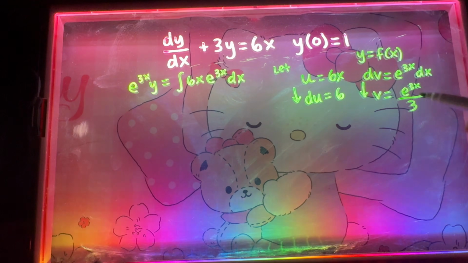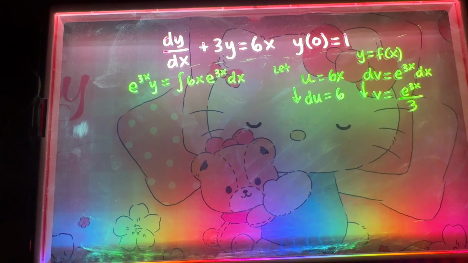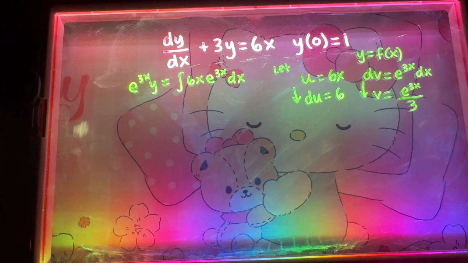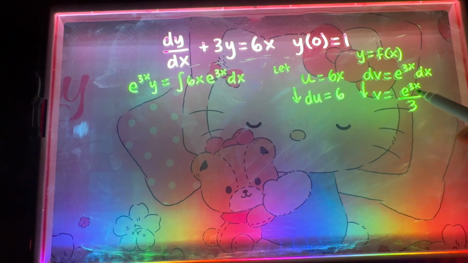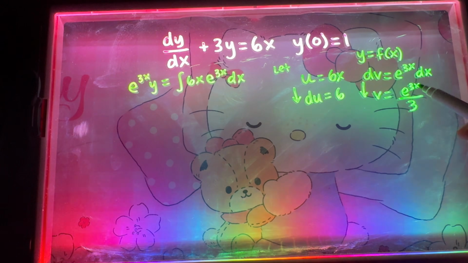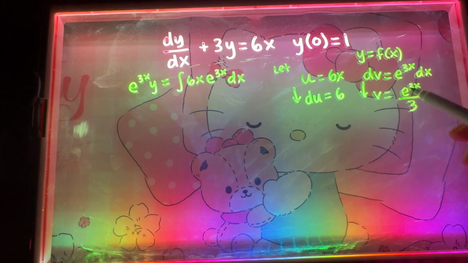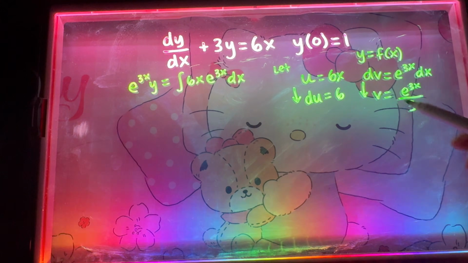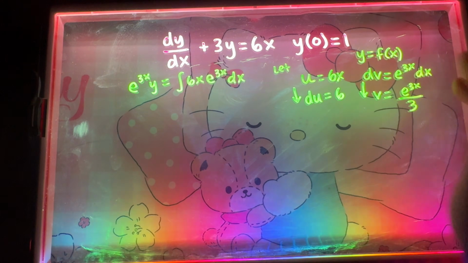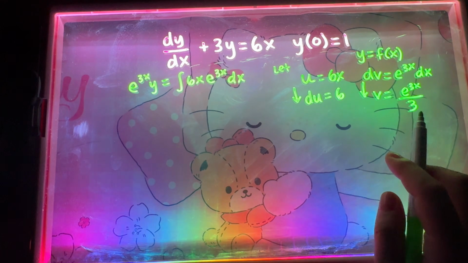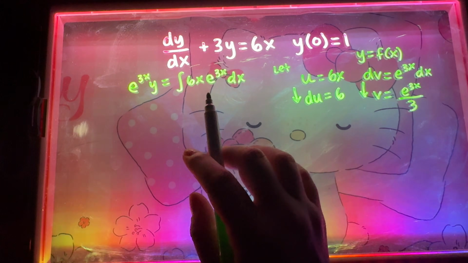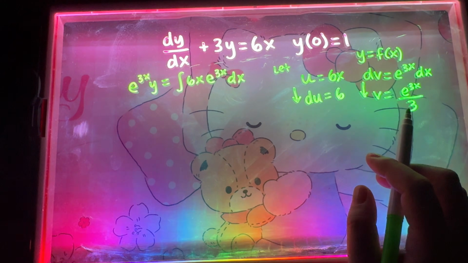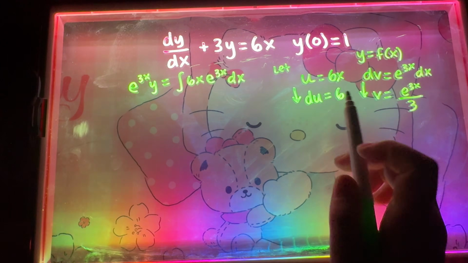You can write out the steps if you want to, but this is just the idea. You can confirm that the derivative of this is this, because the derivative of e to the 3x is e to the 3x times 3 for your chain rule, and then this 3 cancels out with that. So anyway, hopefully this part is okay, or you can go back and review integration by parts, but this is our integral.